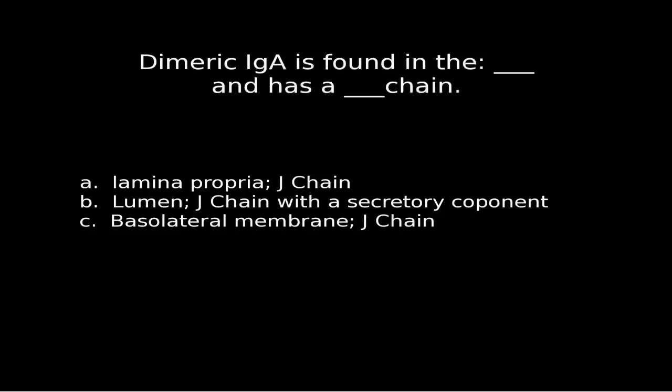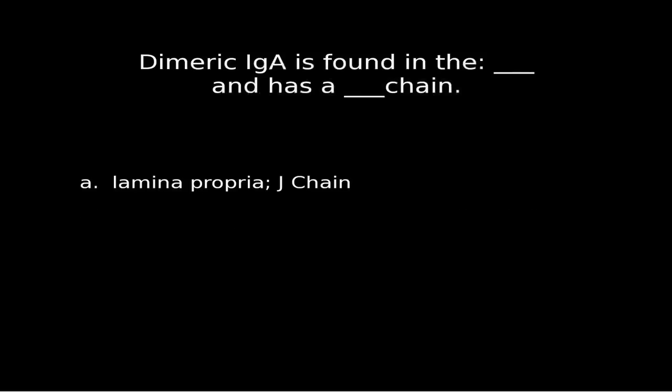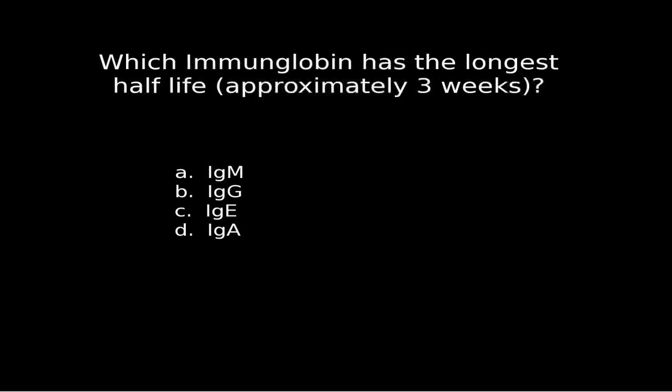Number 4 is, dimeric IgA, once again, is found in the what and has a what chain? So it's the dimeric form, not the secretory form. The dimeric form is in the lamina propria and has a J chain. Number 5, which immunoglobulin has the longest half-life, approximately 3 weeks?